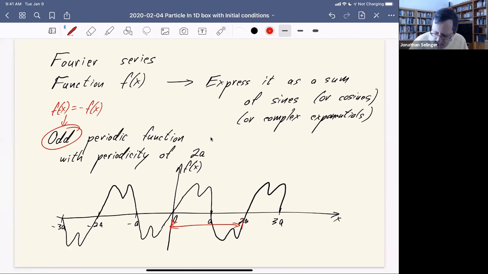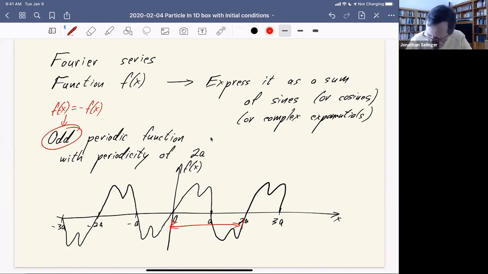Okay, and so when you were studying periodic functions in math classes, you learned that this can be represented as a sum of sines, okay? And so it could be represented as, let's see, a sine of what, okay?